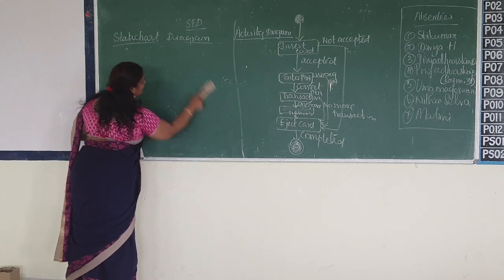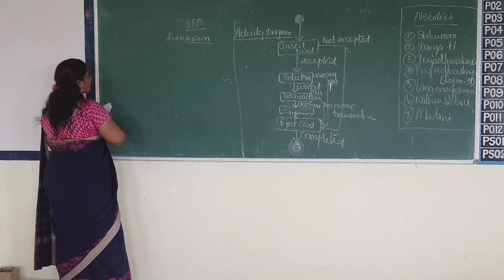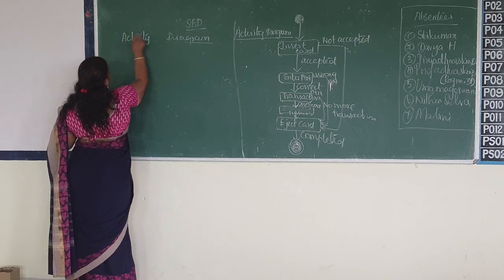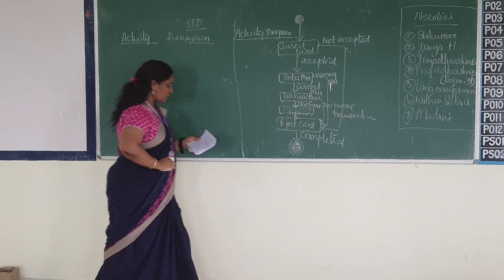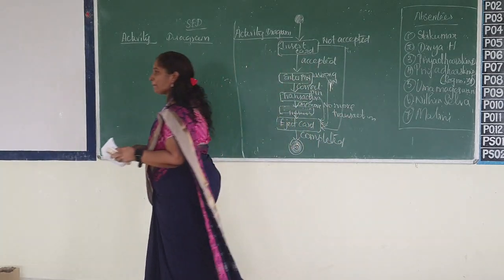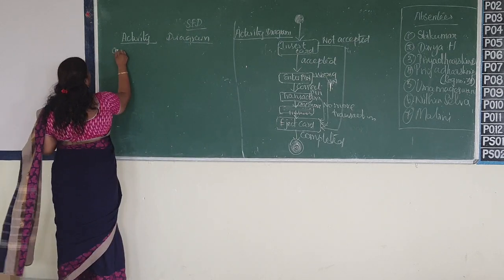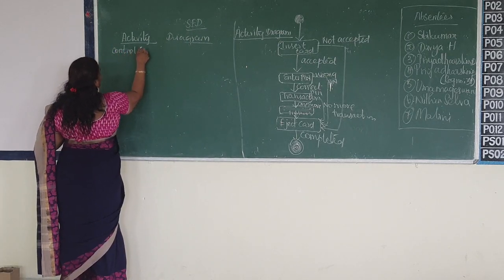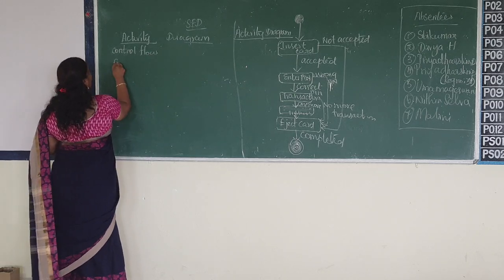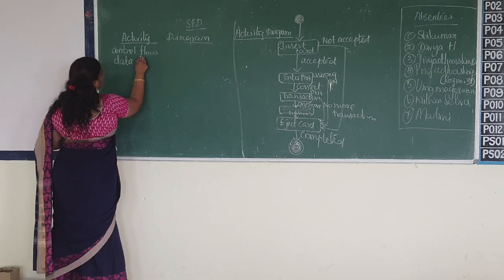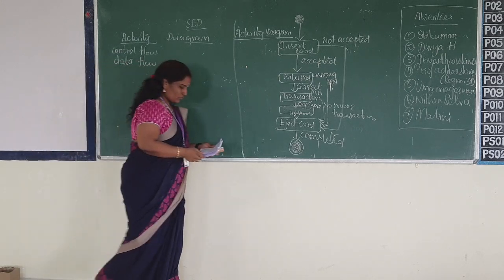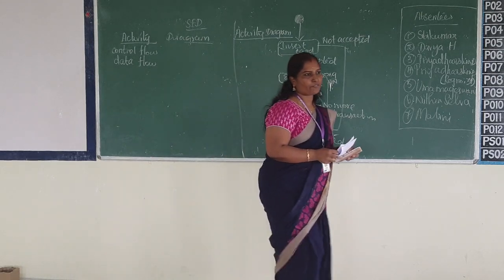So this diagram, activity diagram, could be used to represent control flow and data flow.